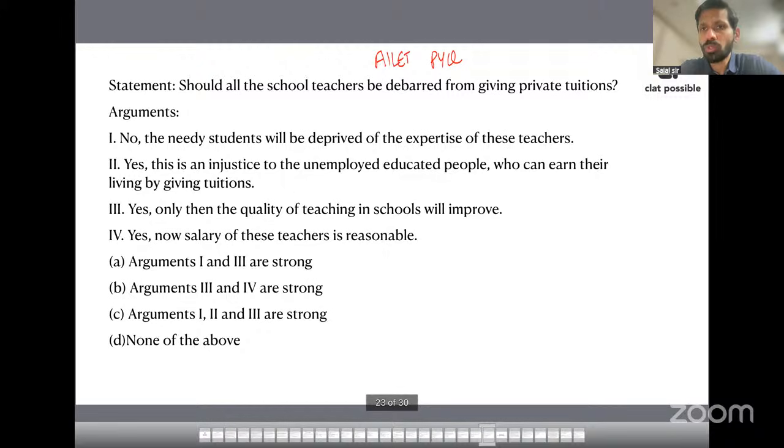Argument one says no, the needy students will be deprived of the expertise of these teachers.